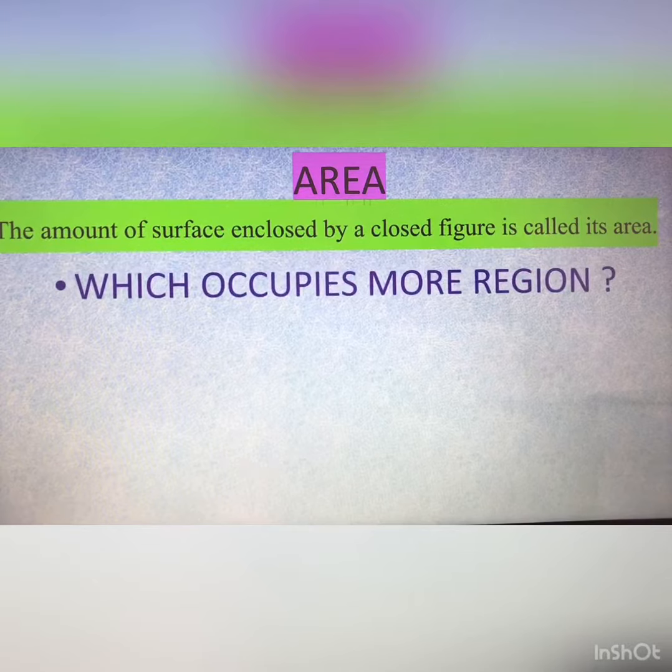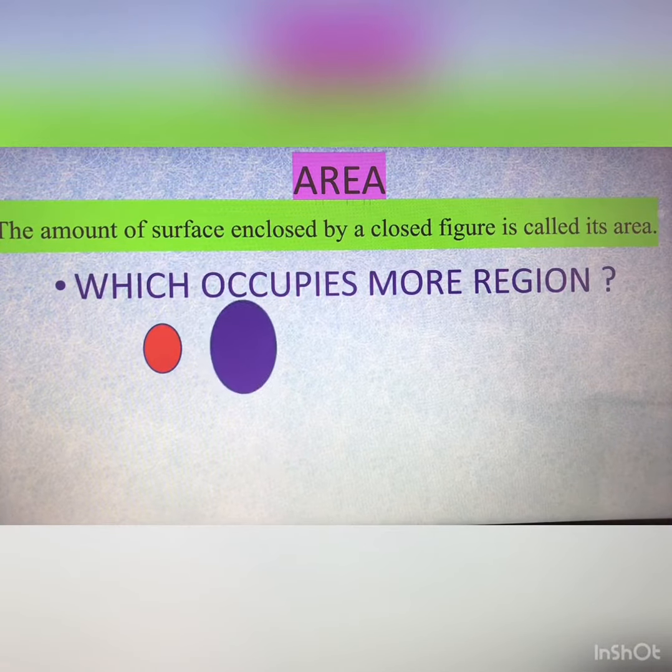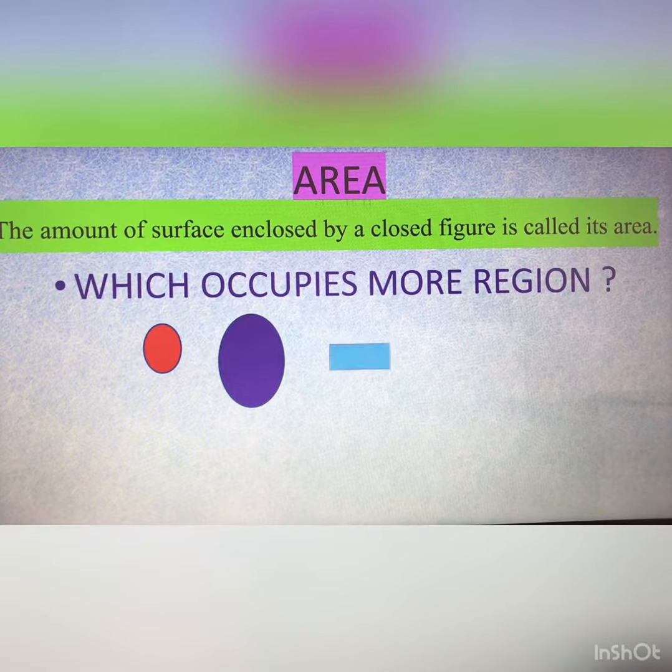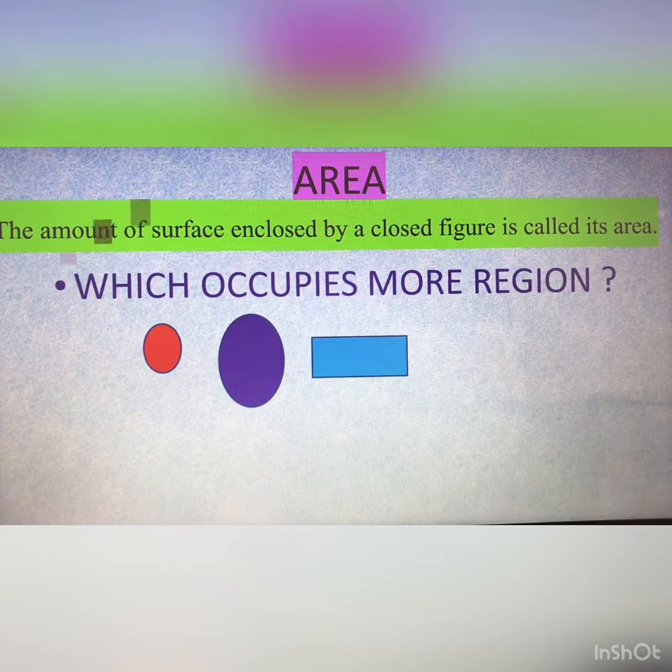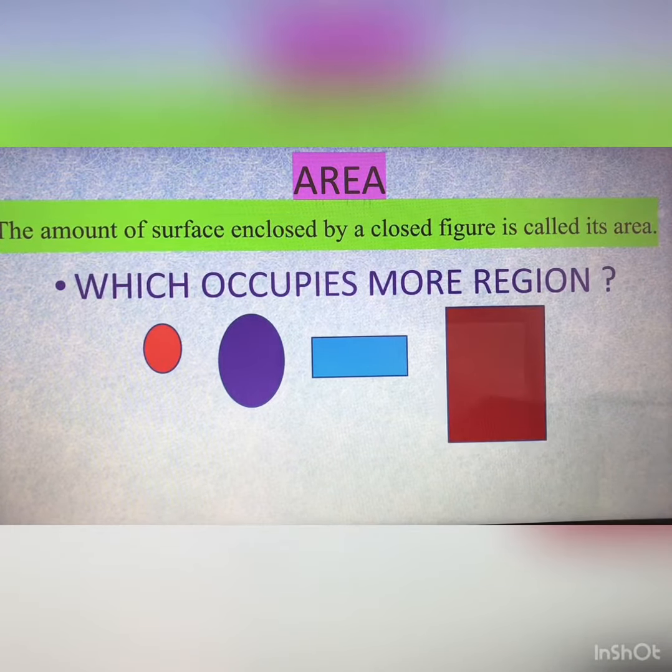So here, which occupies more region? How can you find? This is a circle, and this is a circle greater than the previous circle, and this is a square. Sorry, this is a rectangle, and this one is a rectangle greater than the previous rectangle. So which one has more area?